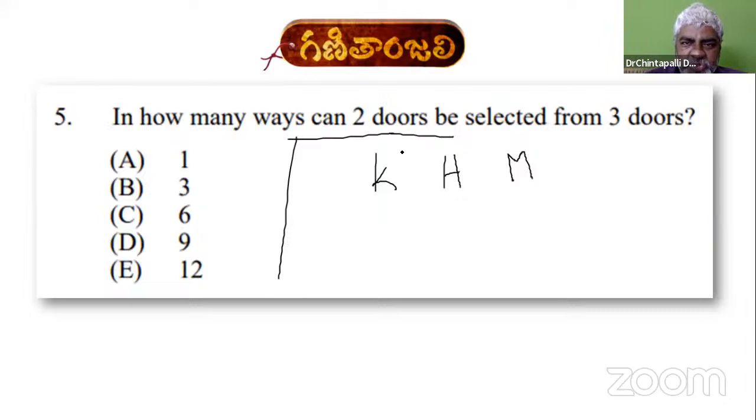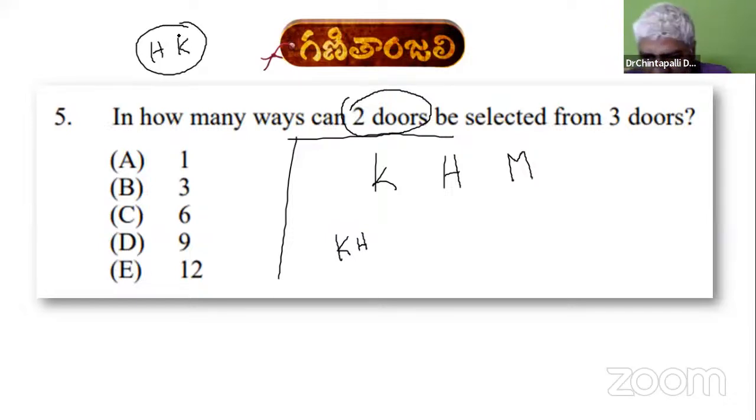See, you are offered to choose 2 chocolates from these 3 chocolates. What is our first choice? Maybe KH. Yes, sir. If you choose HK, it is not a different choice. It is the same choice. There is no difference between KH and HK.